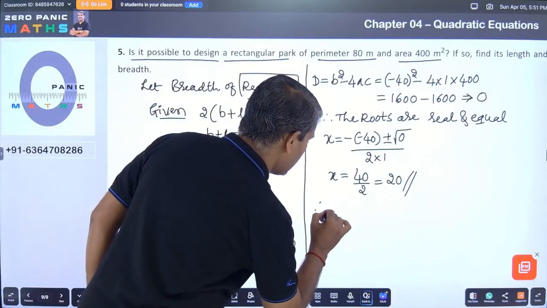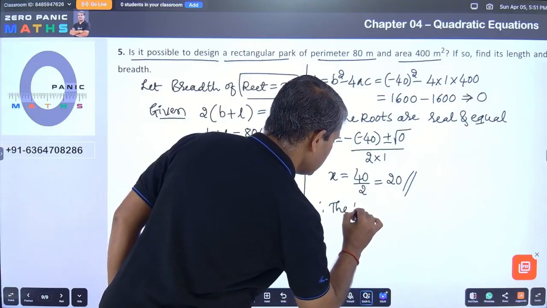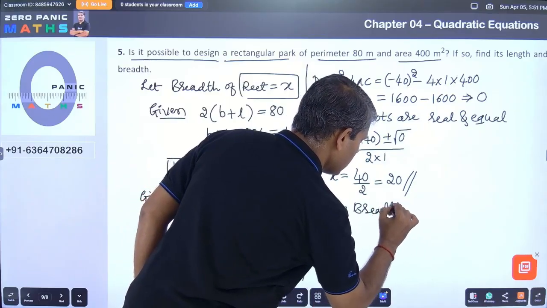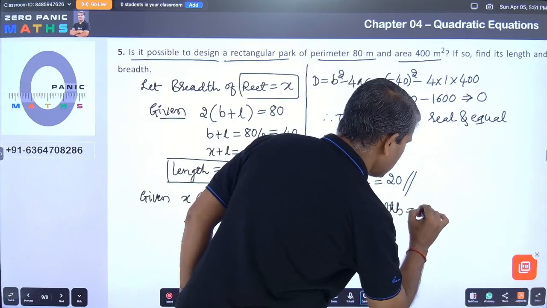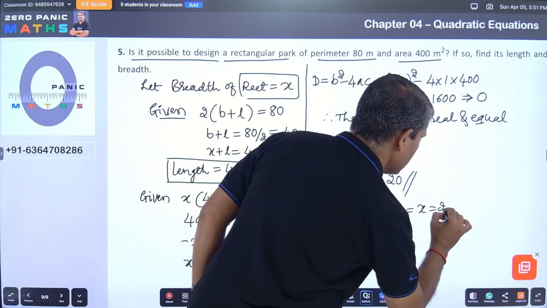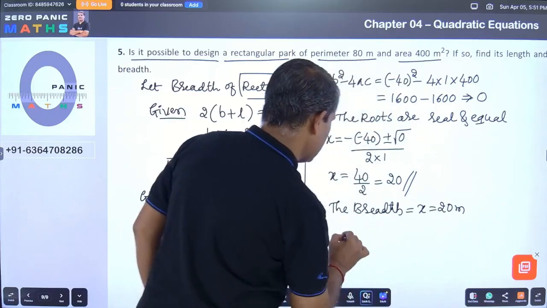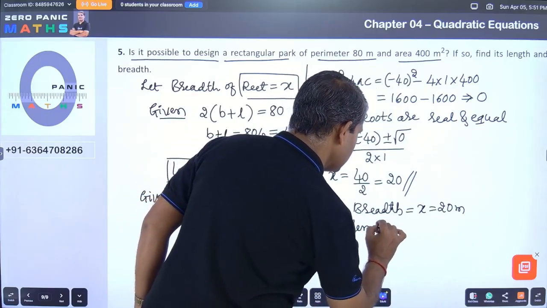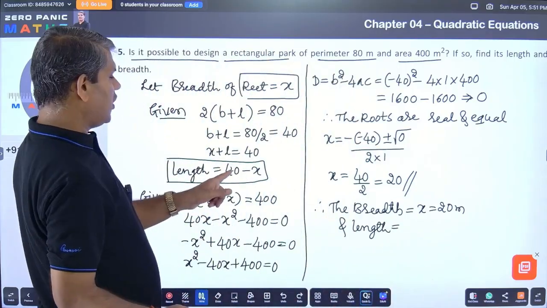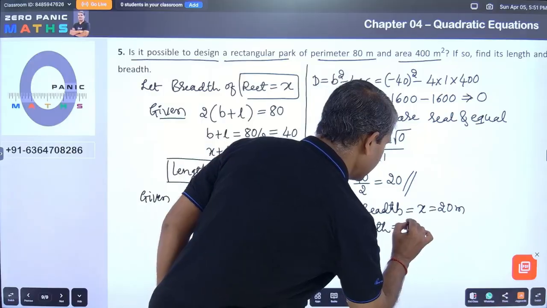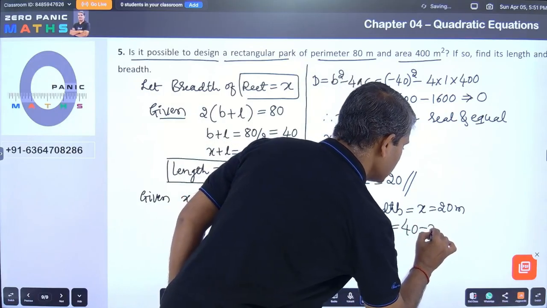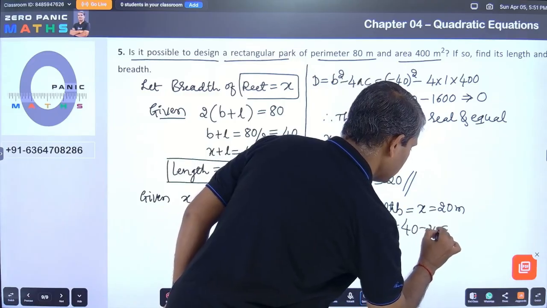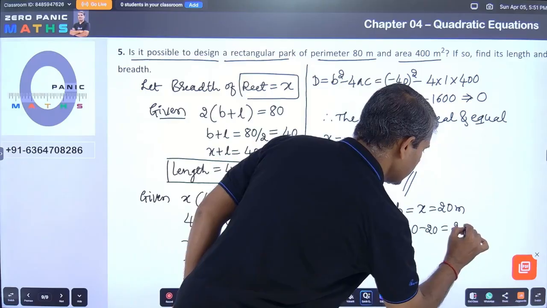So therefore the breadth is equal to x is equal to 20 meter and length, what is the length? Length is 40 minus x, that is also 20.